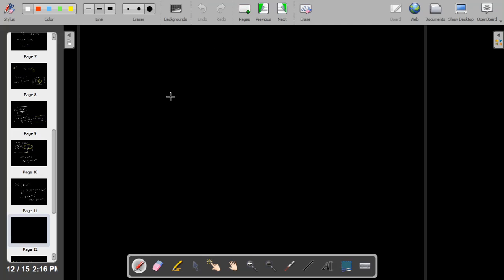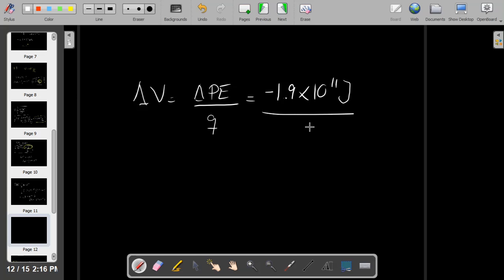So let's continue. Remember that the change in electrical potential was the change in potential energy divided by the charge that was movable, in coulombs. I have everything I need now. I just calculated this, negative 1.9 times 10 to the 11 joules, divided by the charge.